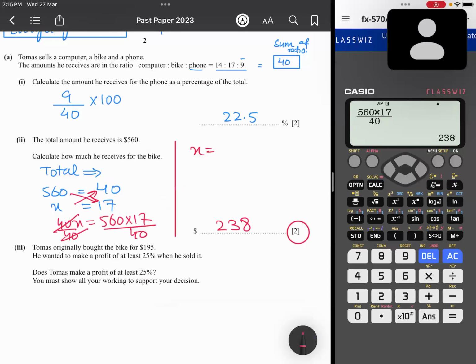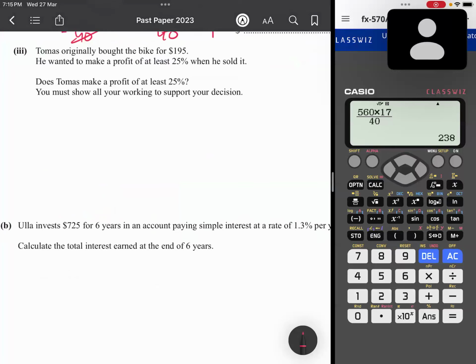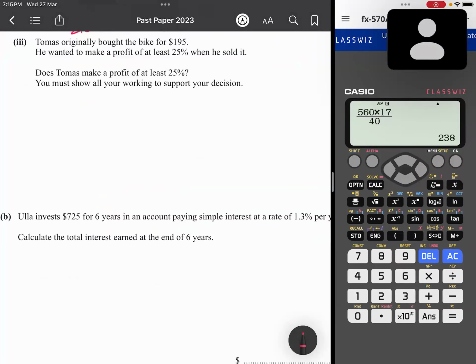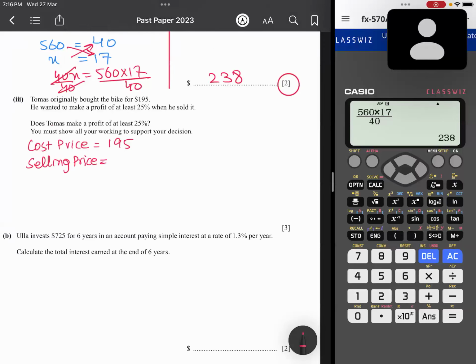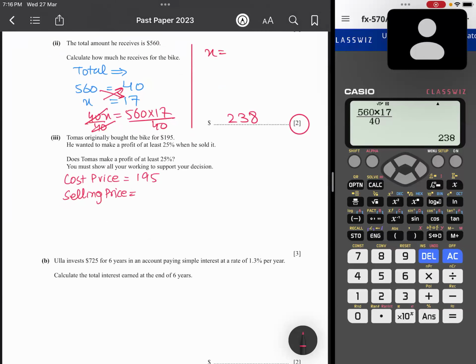Okay. But then they say that Thomas originally bought the bike for $195. He wanted to make a profit of at least 25% when it is sold. When he sold it, does Thomas make a profit of at least 25%? So, the cost price of the bike was $195, and the selling price of the bike is what we found in the previous part, which is $238.